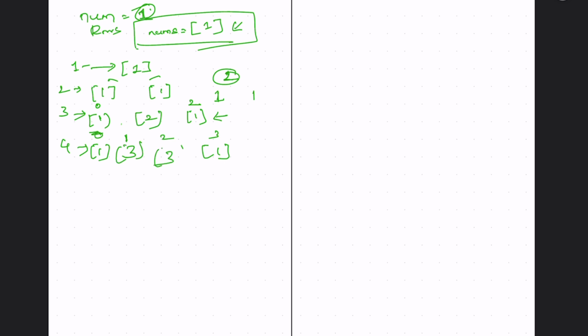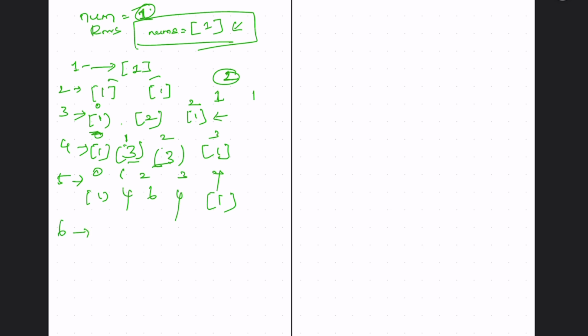When 5 comes, indexes 0, 1, 2, 3, 4. For 1, 2, 3 we do 1 plus 3 which is 4, then 3 plus 3 is 6, again 3 plus 1 is 4.